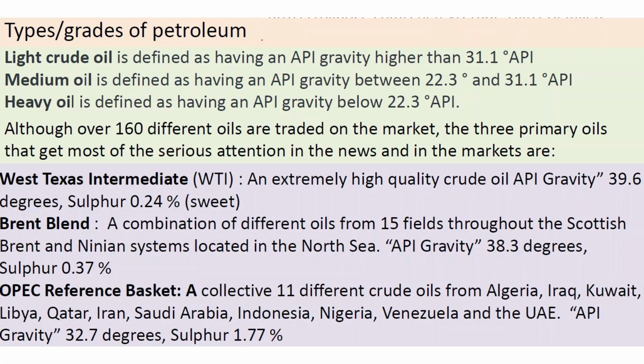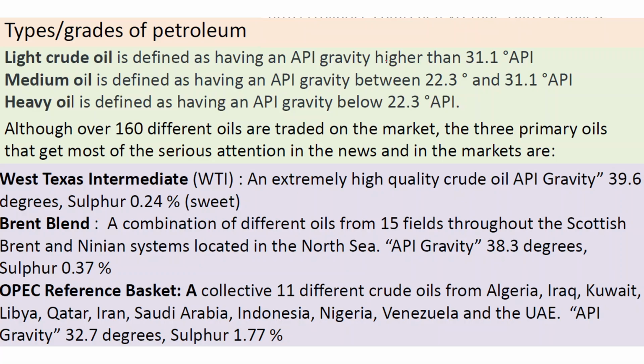Coming on to different types and grades of petroleum. They are basically divided into three grades: light crude oil, medium crude oil, and heavy crude oil, depending on their API gravity. API gravity is basically telling us about the specific gravity of the crude oil. The higher the API gravity, the better the quality of the crude oil.